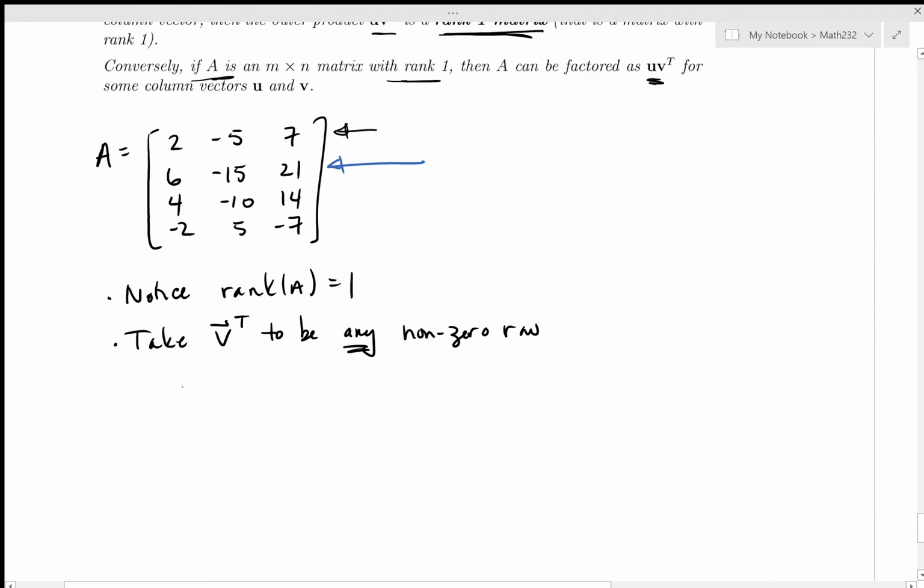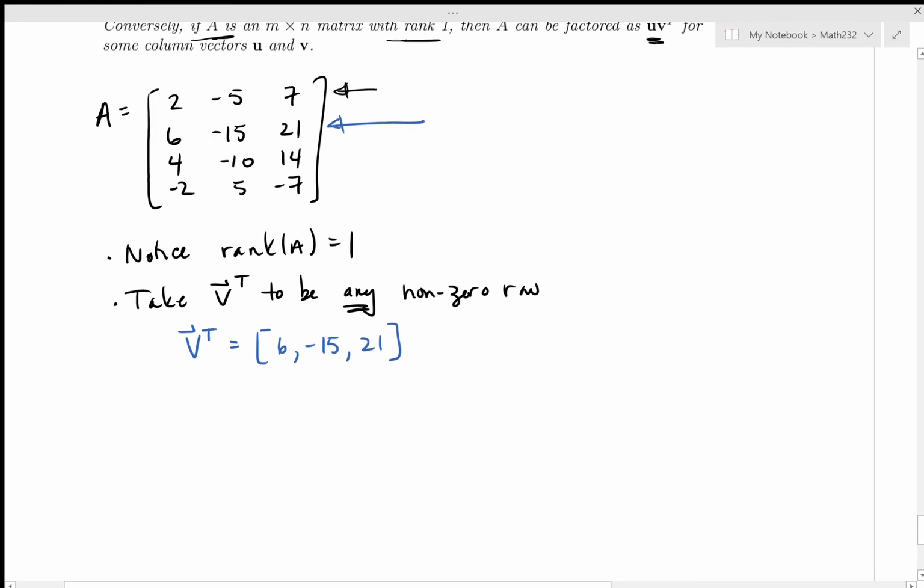That means V transpose is equal to 6, minus 15, and 21. Then I form U as the scalars needed to produce all the rows.